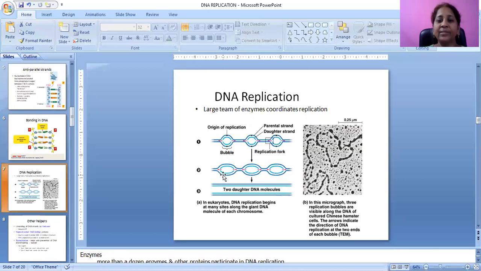In this diagram, you can see the pink color arrows in this direction and in this direction, giving 2 daughter DNA molecules. In eukaryotes, DNA replication begins at many sites along the giant DNA molecules of each chromosome.